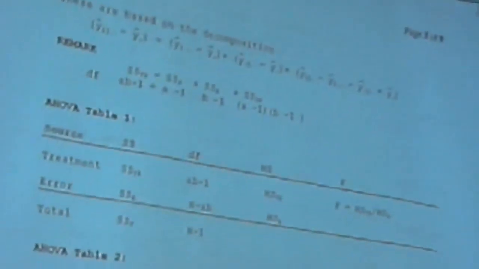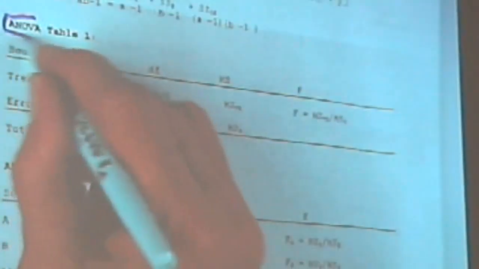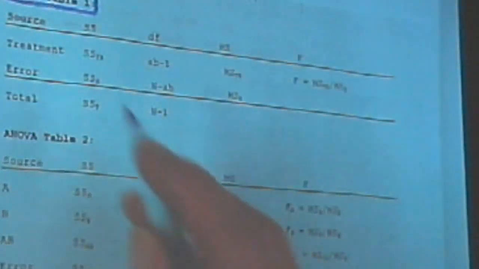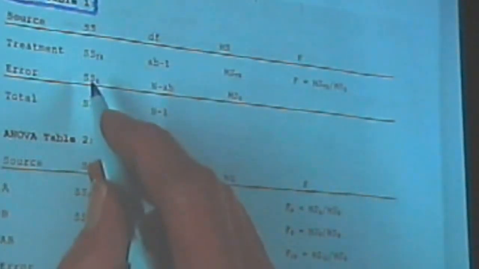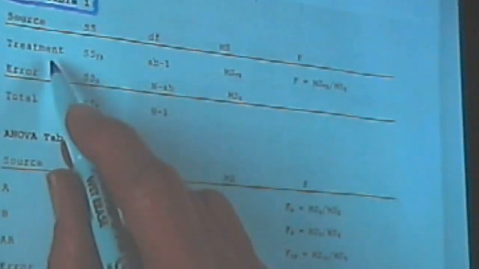So with all this stuff about sums of squares floating in front of your eye here, let's take a look at these two ANOVA tables that come up next. This is called ANOVA Table 1. And this basically says, let's ignore the meaning of rows and columns and just talk about treatment differences.